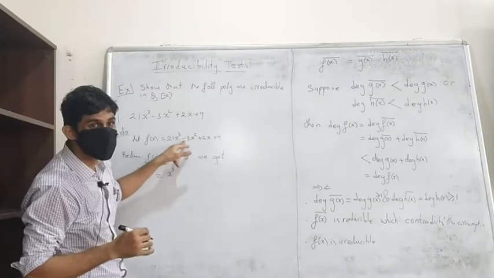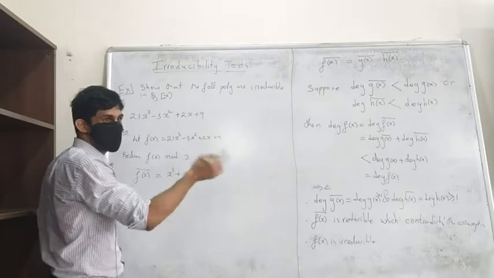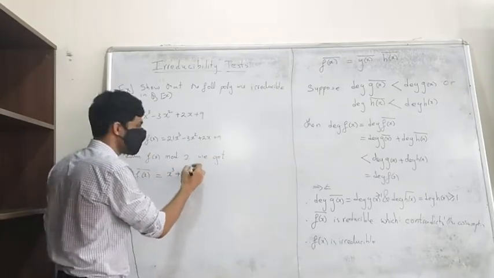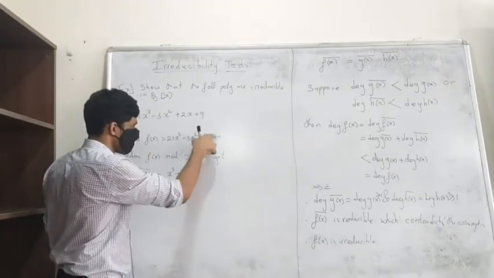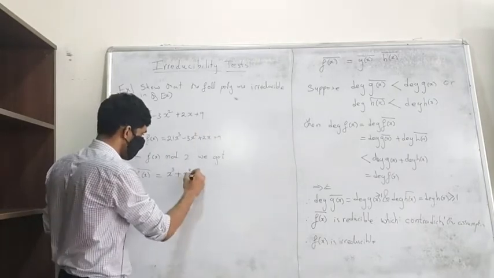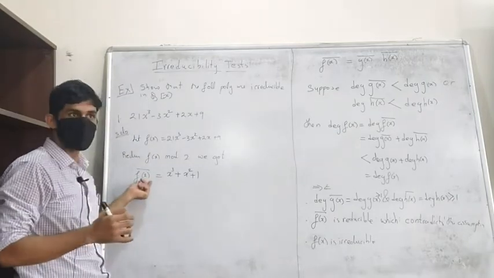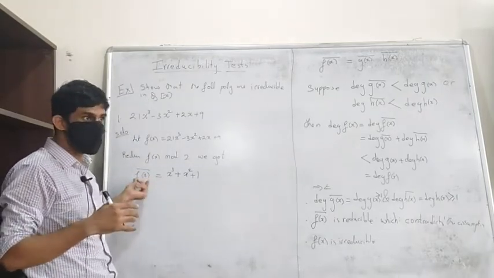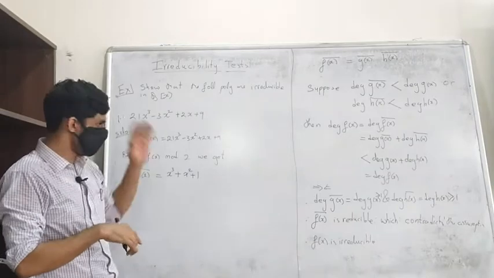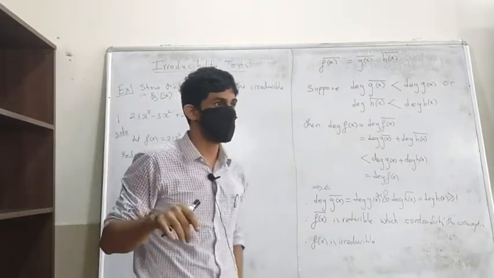So minus, let's go with plus, minus 3 is also 1 modulo 2. Why do you want minuses? 0, 1. So now you've got to check whether this is reducible or irreducible in Z2.